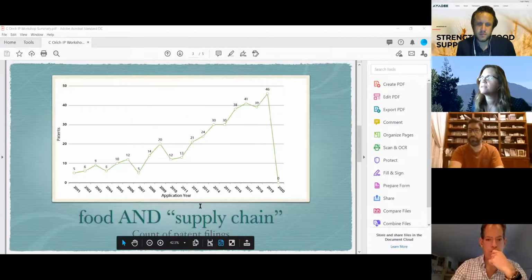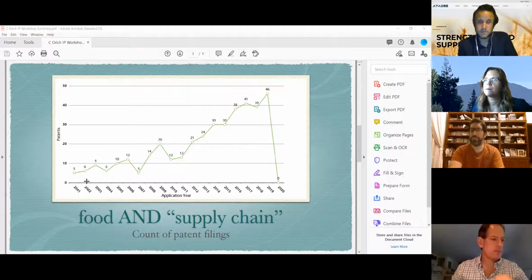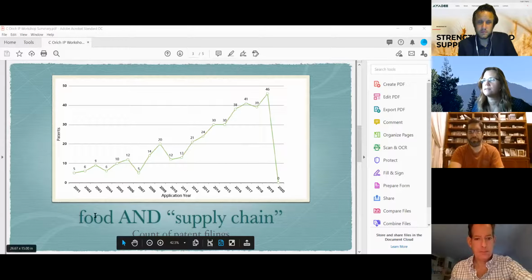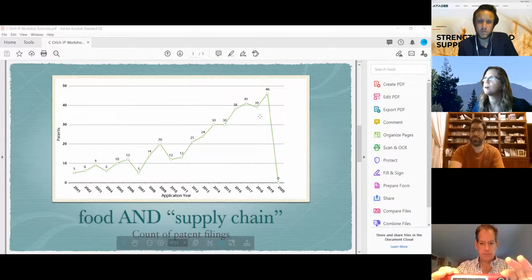So can you see this graph here? Yes, we see the food and supply chain graph. Okay. So, just talking about some of the analytics tools that are available now, this is one that I used the other day just because I was curious. If I did a search on just these two search terms together, food and supply chain, you can see how the number of patent filings has increased from 2001 to 2019.